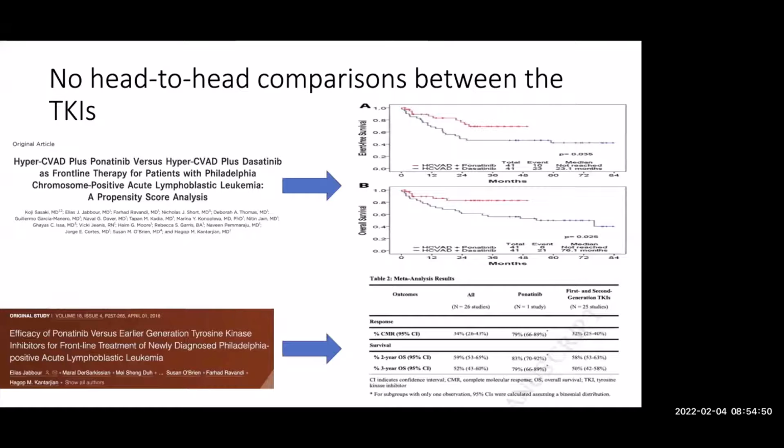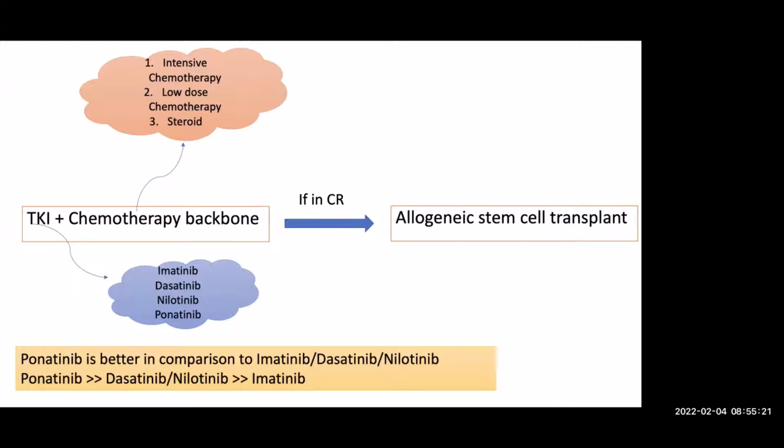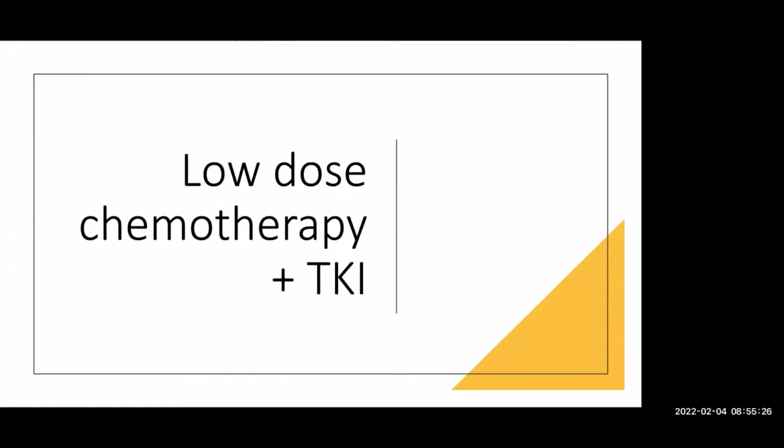However, there is a meta-analysis and a propensity score analysis which has shown that use of ponatinib is much more superior to use of first generation or second generation TKI in terms of the molecular response, event-free survival, and the overall survival. So going on to the treatment, in summary, ponatinib is better in comparison to the first generation and second generation TKI.